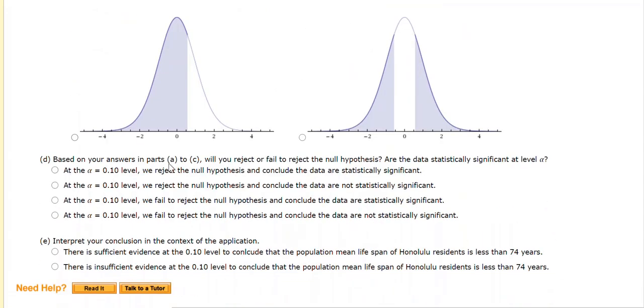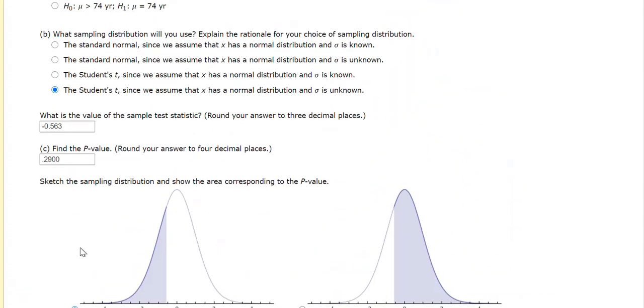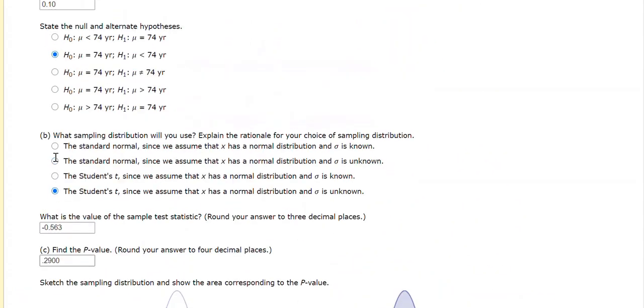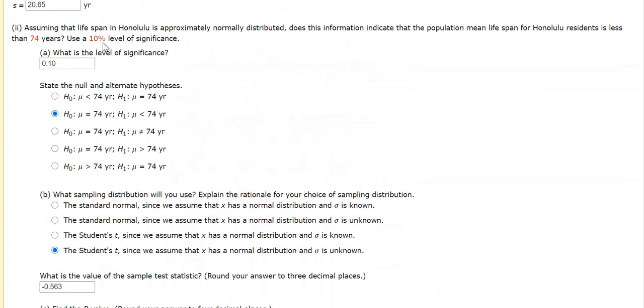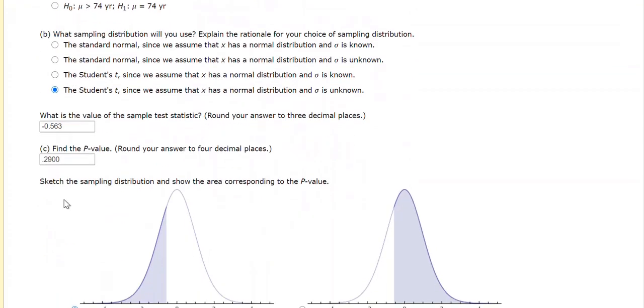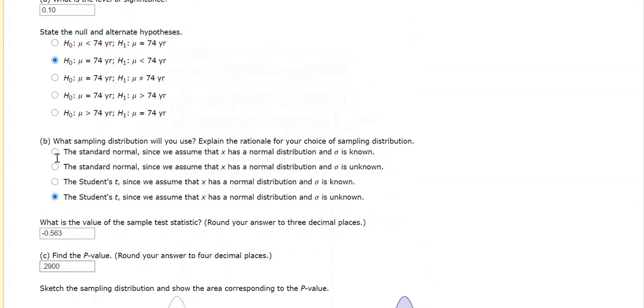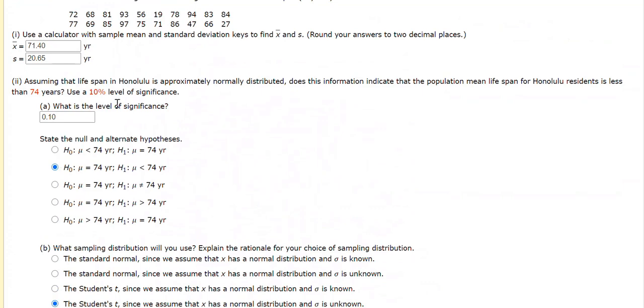So then based on your answers to part A and C, would you reject or fail to reject the null hypothesis? Are the data statistically significant at the level of alpha? So what I'm trying to do then is compare my p-value to my level of significance. So the question I'm always asking then is my p-value less than or bigger than my alpha?